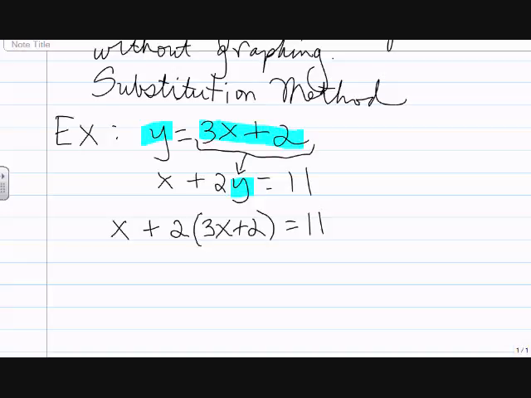Now I can solve this equation for my x. So this is x plus, distribute the 2. 2 times 3x is 6x, plus 2 times 2 is 4, equals 11.